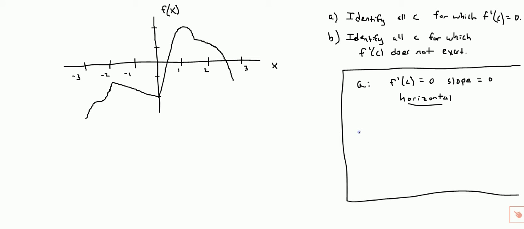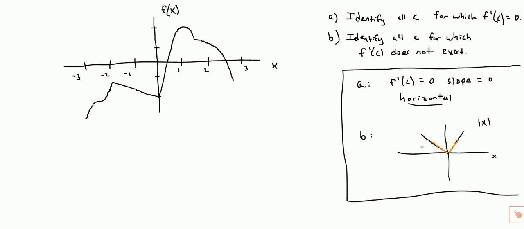Okay? And for part B, C for which f prime of C does not exist. So remember the graph of absolute value of x. This is just an example. If we look at the tangent lines on the left and the right of 0, on the left it looks like that, and the right looks like that.